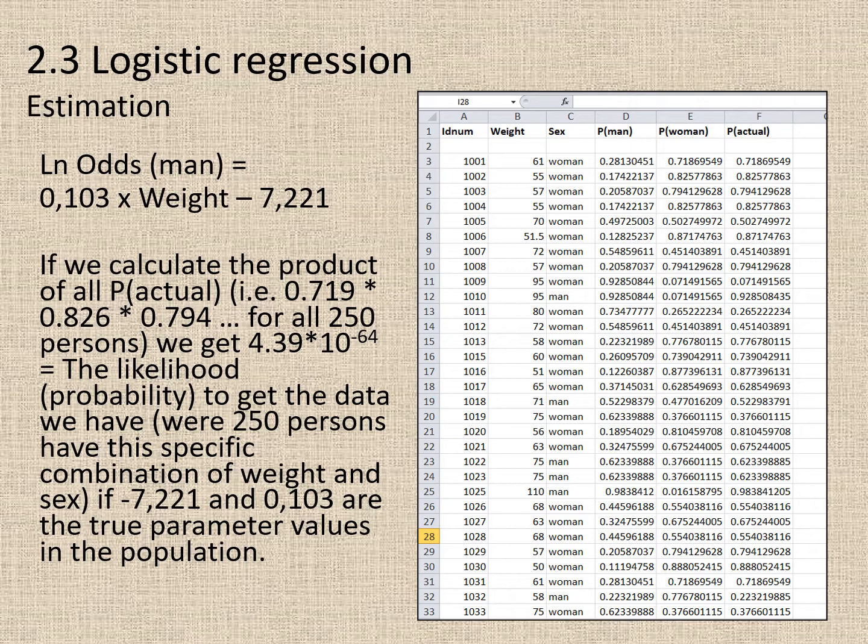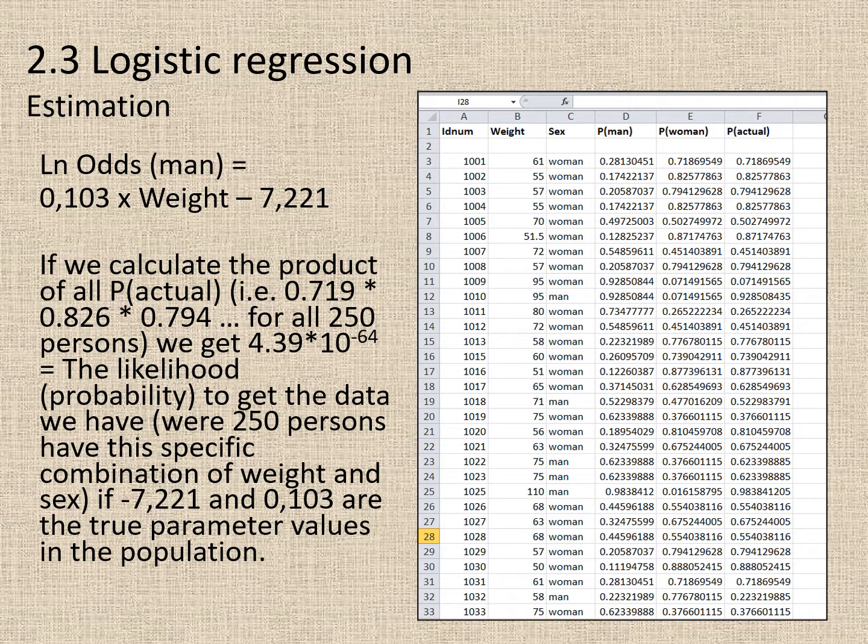So how do we calculate the likelihood? The probability of getting a data set that looks like this, in this case, a data set where people weigh this much in combination with their sex.